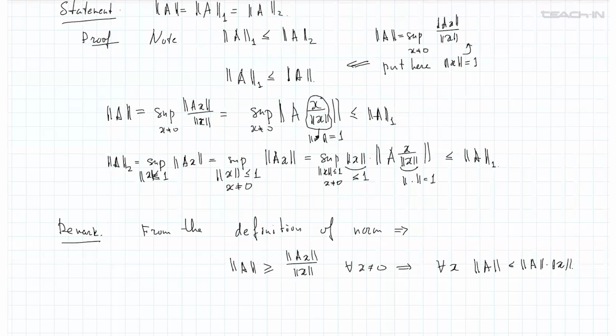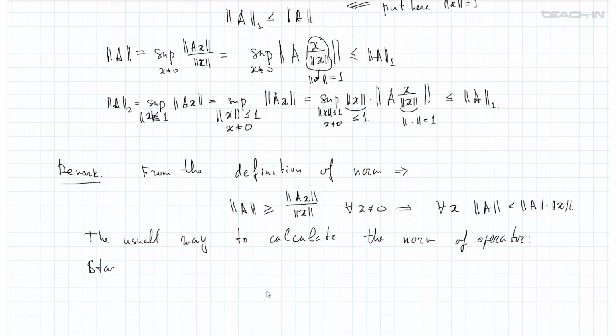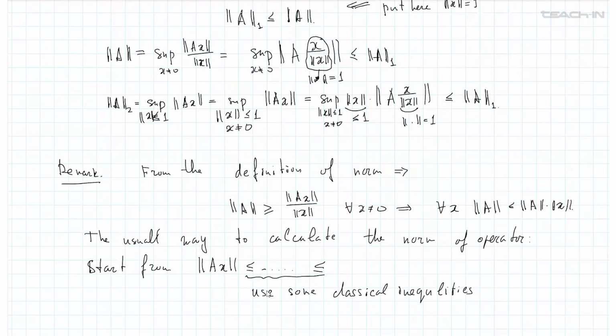Okay, so the way to calculate the norm of an operator: start from Ax and use some classical inequalities, and finally obtain this object.